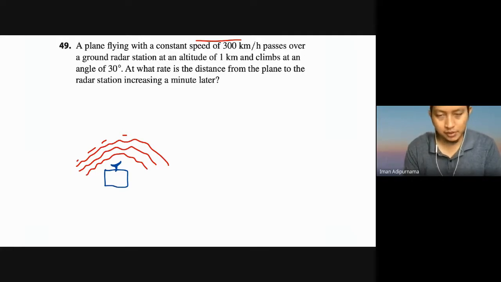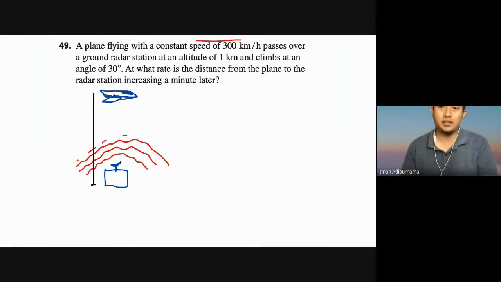Let's say the plane is here, above the radar station. Okay, so it passes over at altitude of 1 kilometer. So let's say we have the altitude here.